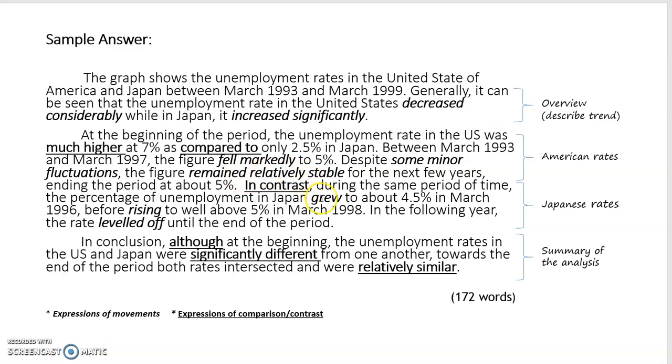Grew is just a verb. Okay, and then before rising, so here we have a preposition, so after preposition you need to have a noun. We have a noun here, some minor fluctuations. We have an adjective and a noun, so everything can be found here. Okay.